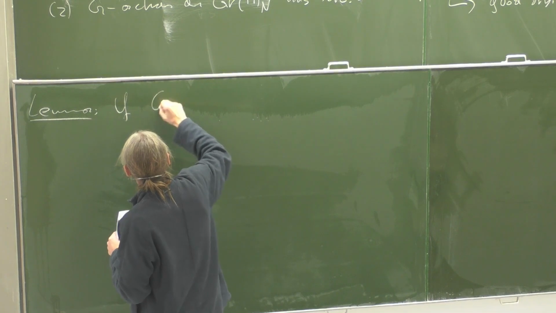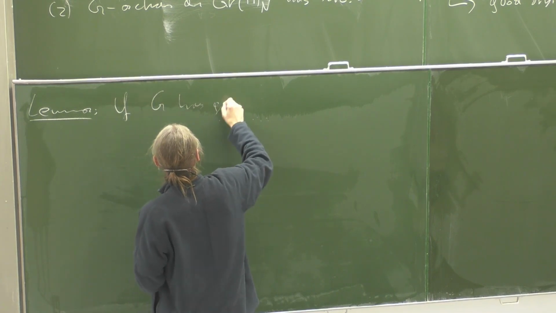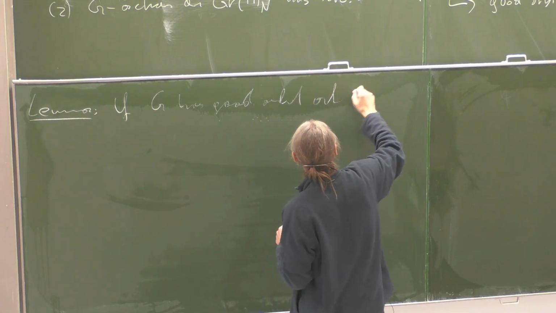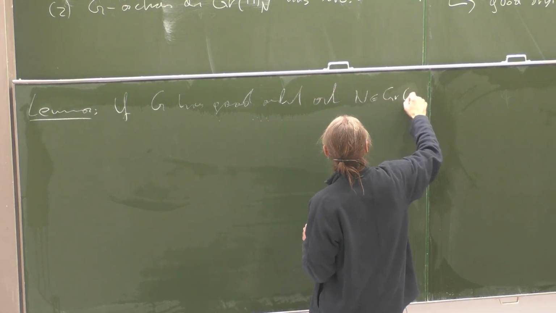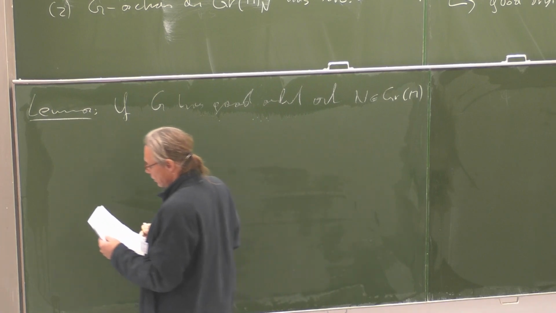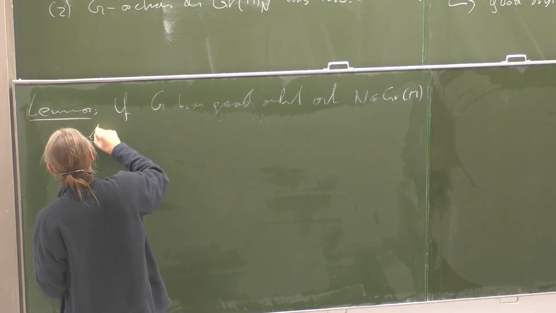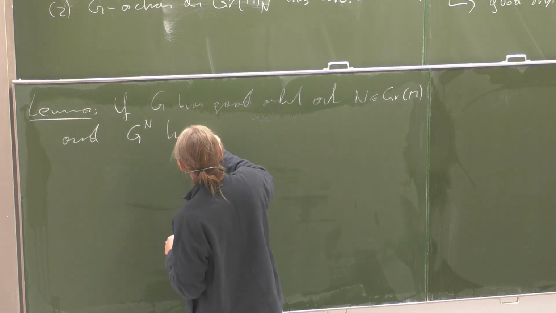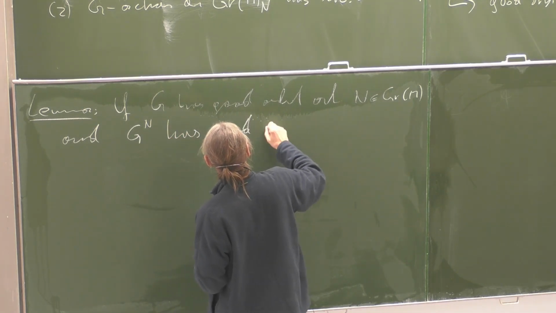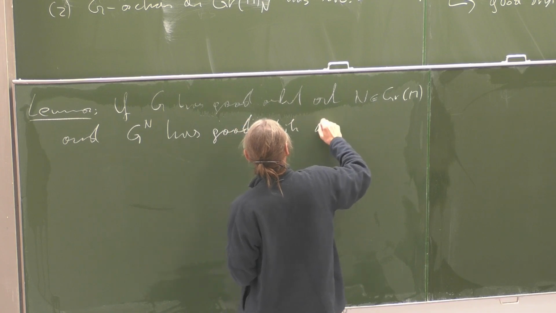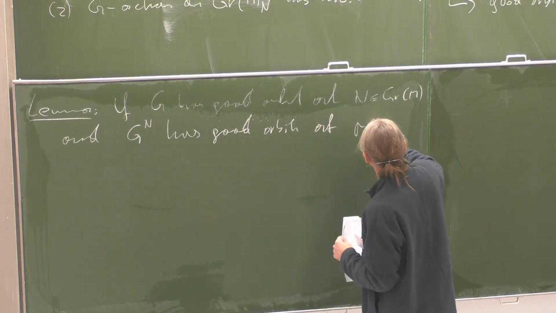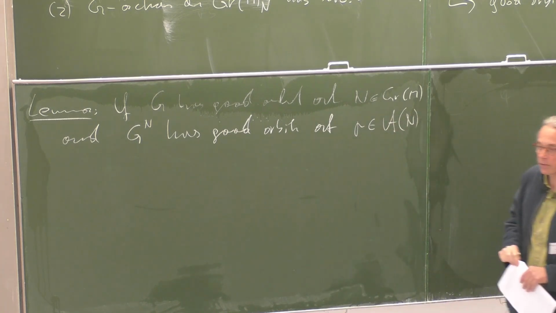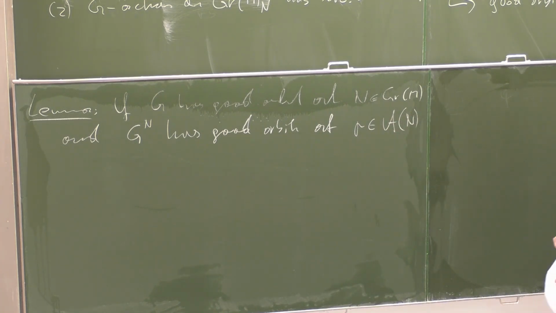If G has good orbit at N, the second condition now is that the isotropy group has good orbit at gamma. I'm only going to say in words what that means.